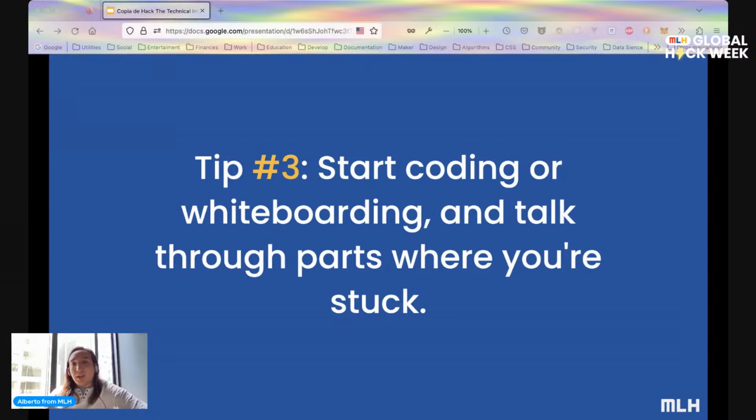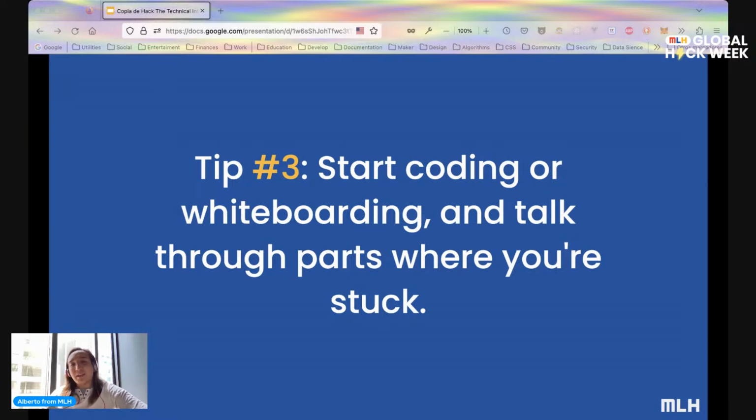That's a possibility, and you can get help from them. That's cool. So even if they cannot give you the answer, they can give you a hint that gets you closer to the answer. So yeah, that's a very good tip.